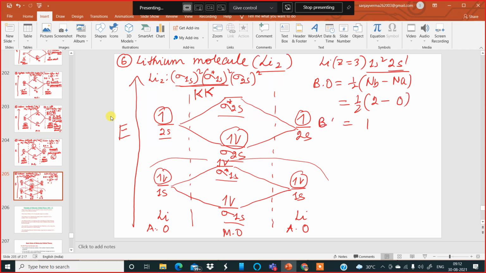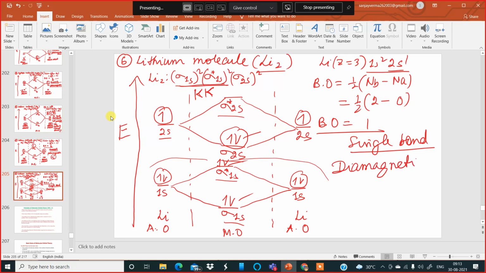So the bond order is 1, which means there is a single bond between the lithium atoms. Moreover, if you see very carefully, there are no unpaired electrons. All are paired electrons, so this lithium molecule will be diamagnetic in nature.